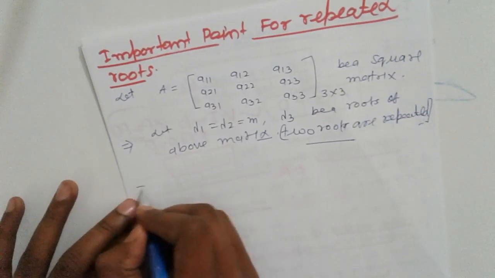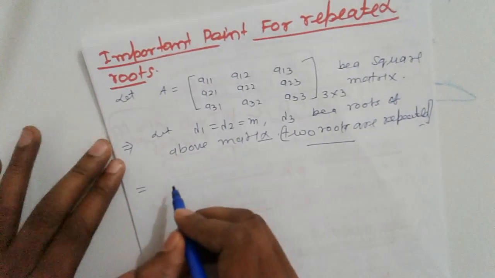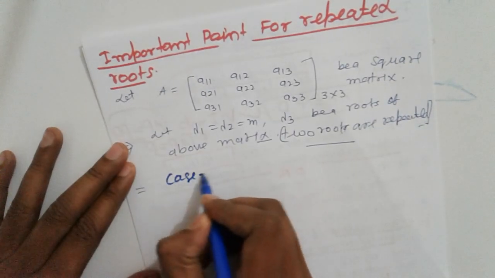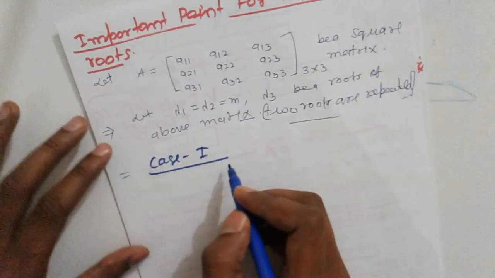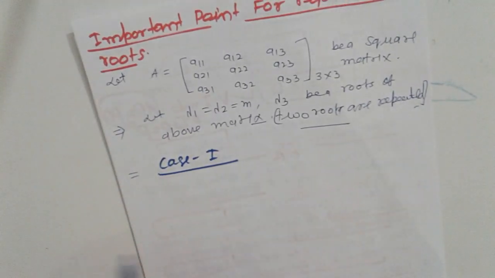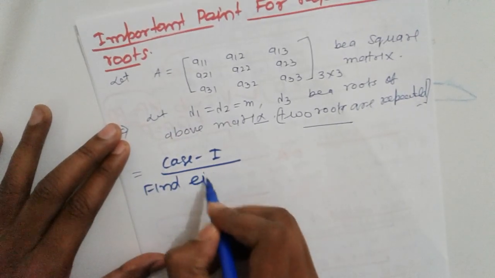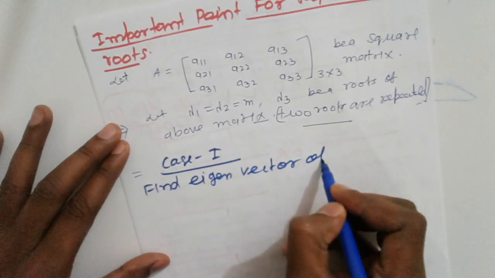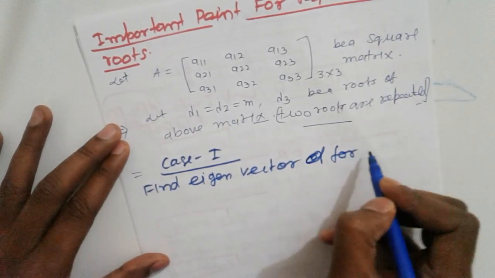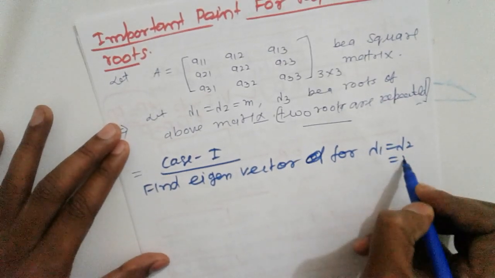So now here arise two cases. So case first: find eigenvectors for lambda 1 equal to lambda 2 equal to m.